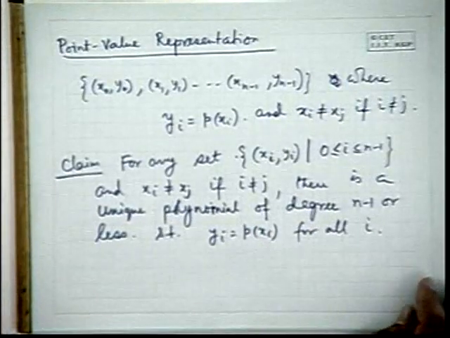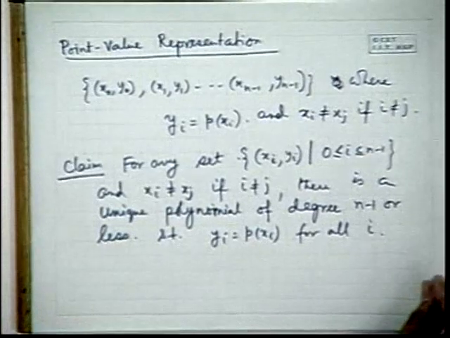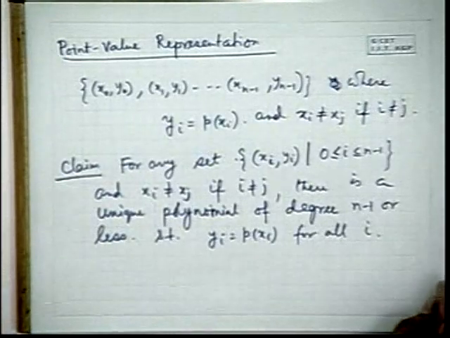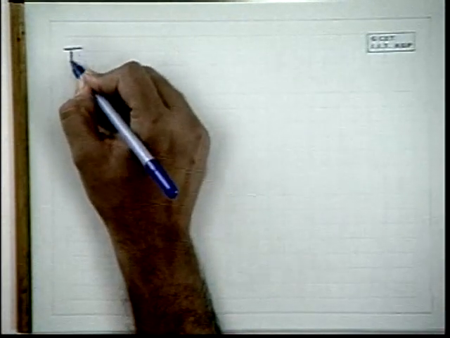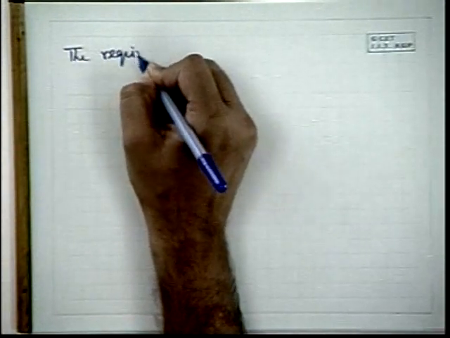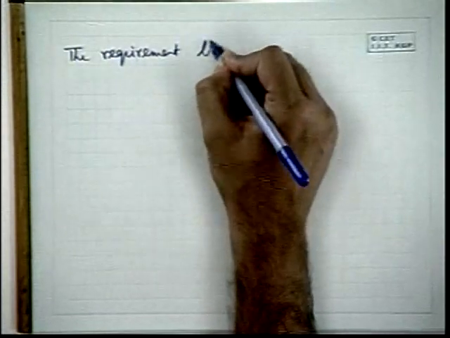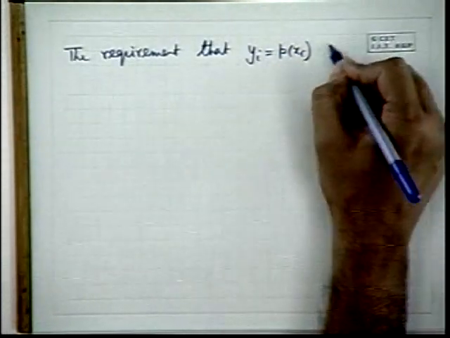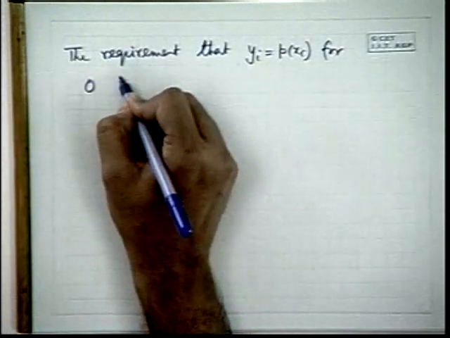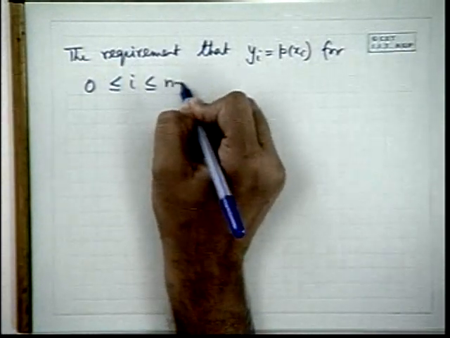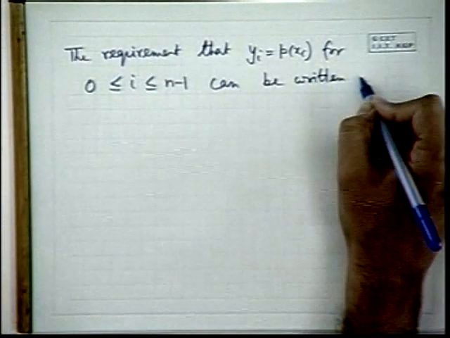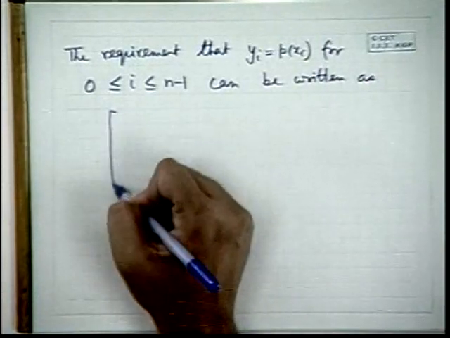This we all know from numerical analysis probably, but just to give you an idea what it means, this entire setup can be expressed as a transformation of matrices, nothing else. So let me just do that. The requirement that yi is equal to p of xi for i from 0 to n minus 1 can be written as a set of linear equations actually.